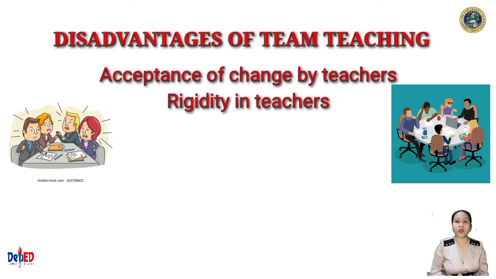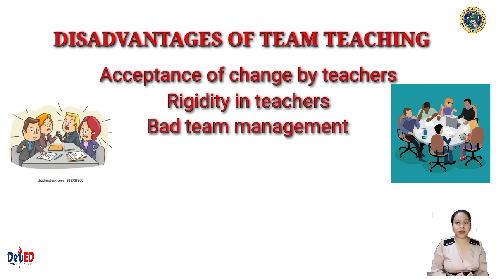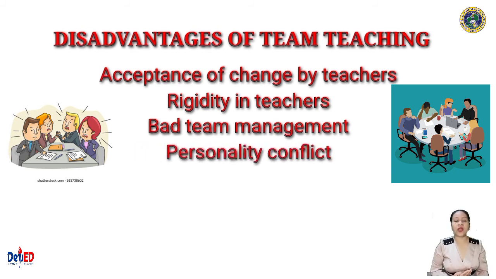Number 3, bad team management. Internal cooperation and good team tempo are extremely important. Internal conflict may result in a complete failure. Number 4, personality conflict. People with contradicting personalities must devise a way to work together effectively.